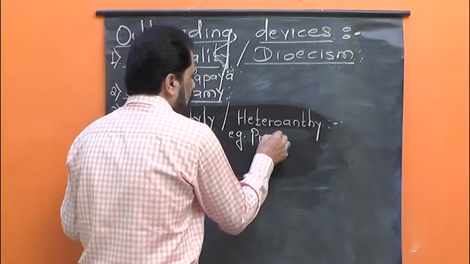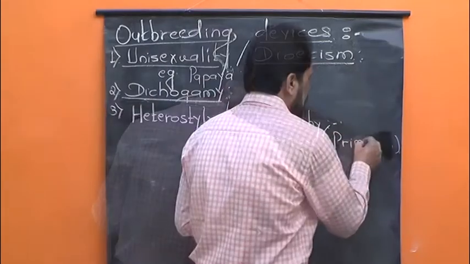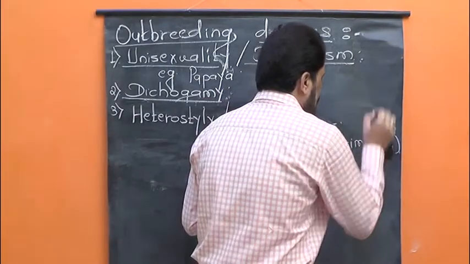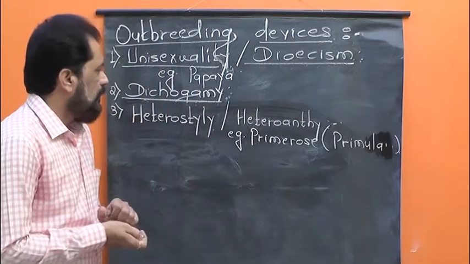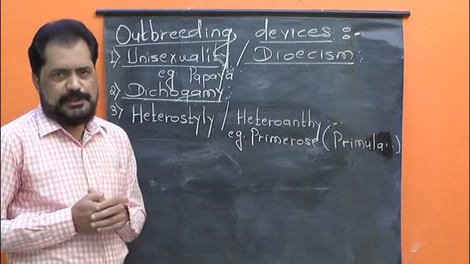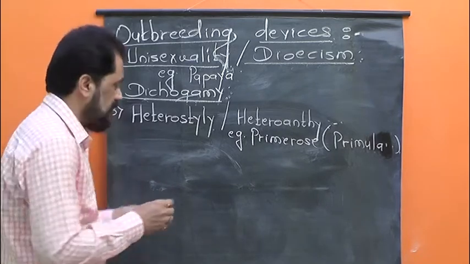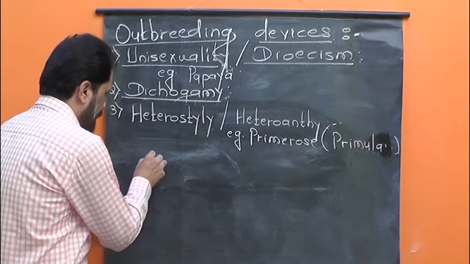Let me explain. It may be called simply Primula. Now, in this plant, Primrose, the plant produces bisexual flowers, that is with androecium and gynoecium. Please look at the diagram.